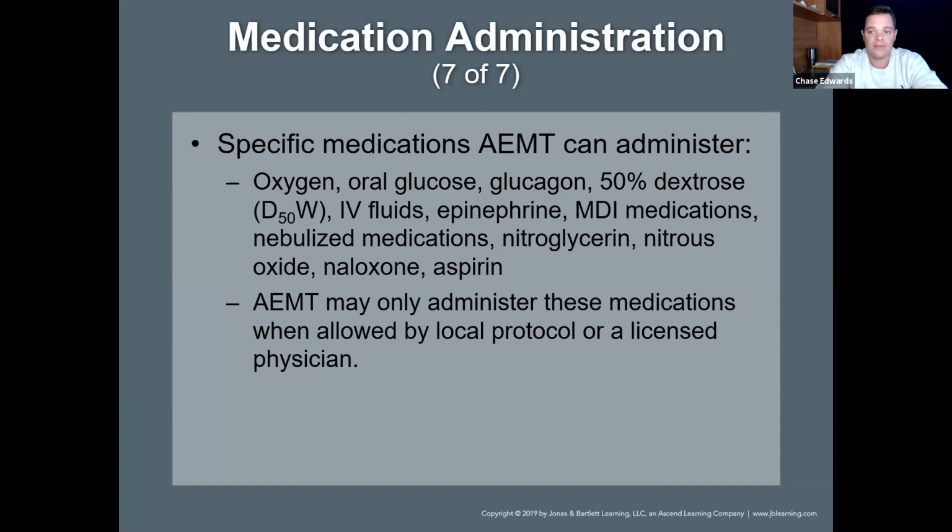Oxygen, oral glucose, glucagon, dextrose or D50W.